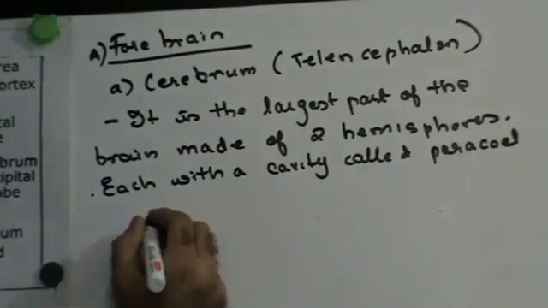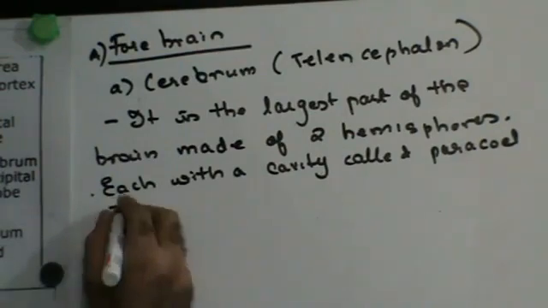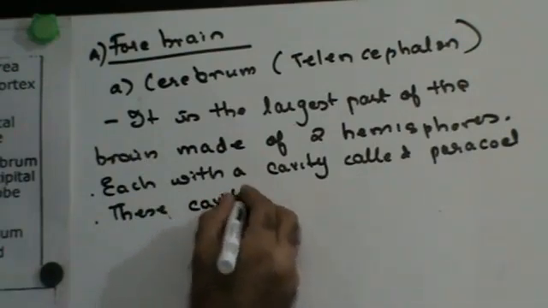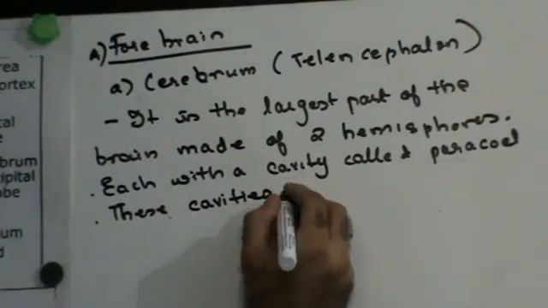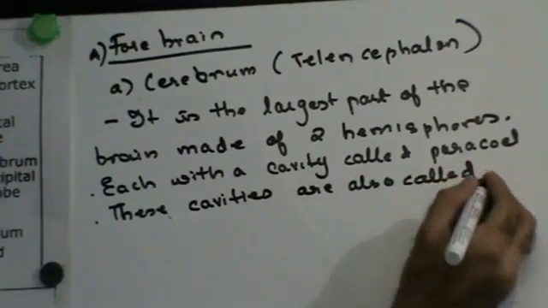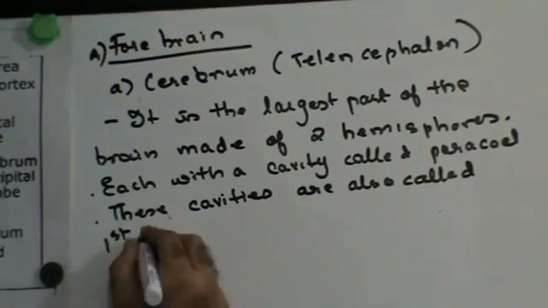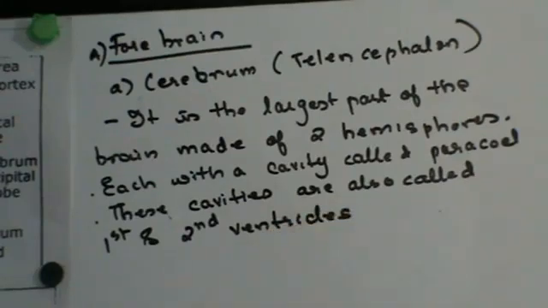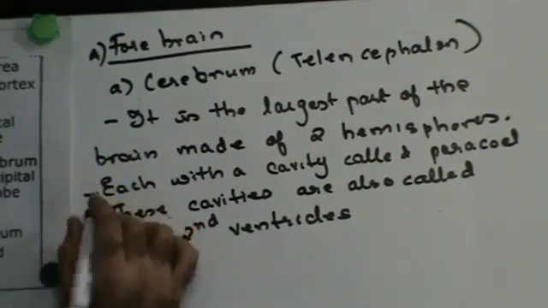Right? Now, these cavities are also called first and second ventricles. Okay. So it is the largest part of the brain, made up of two hemispheres. Each hemisphere has a cavity which is called as parasoid. These cavities are also called as first and second ventricle.